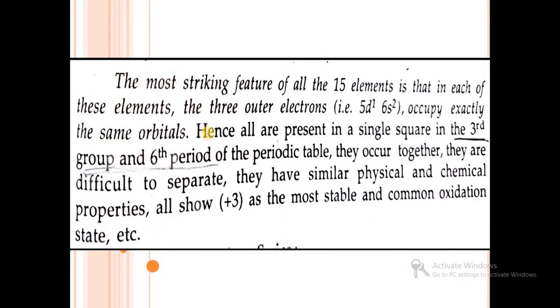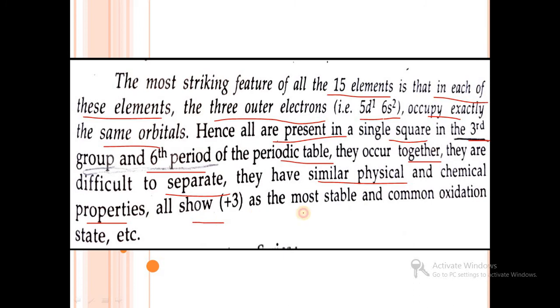The most striking feature of all the 15 elements is that in each of them the 3 outer electrons, 5d1 6s2, occupy exactly the same orbitals. Hence all are present in a single square, in the third group and sixth period of the periodic table. They occur together and are difficult to separate from each other. They have similar physical and chemical properties. All show +3 as the most stable and common oxidation state.